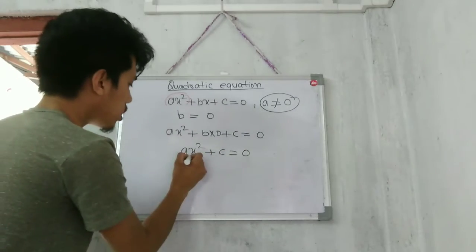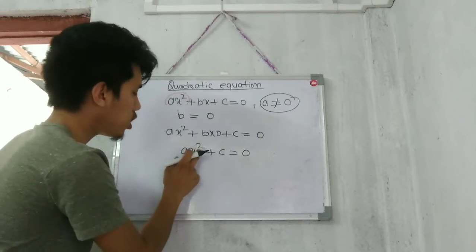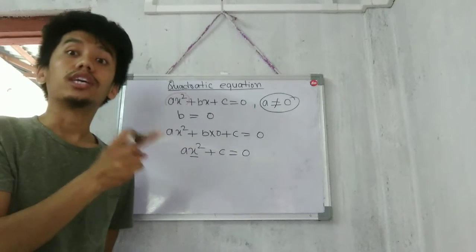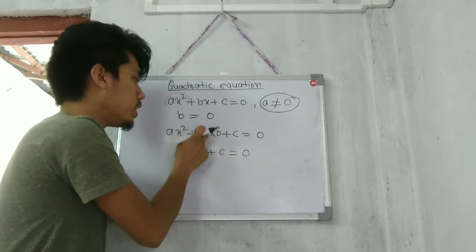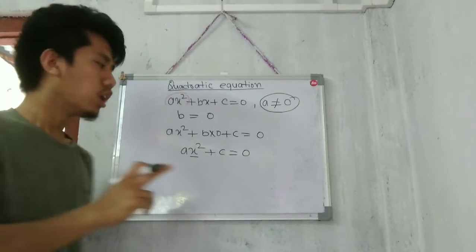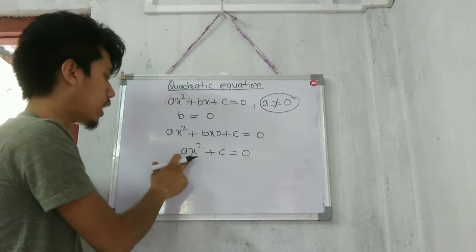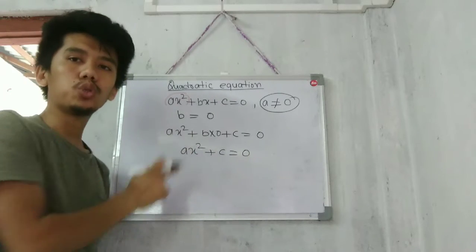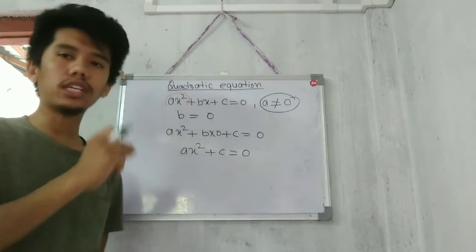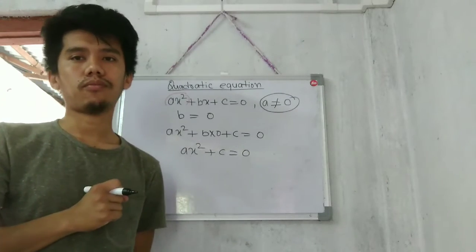Now see the x term. What do we have here? Power is 2. Though b is 0, still we have a quadratic equation, because here x is with the power 2. That means we still have a quadratic equation.